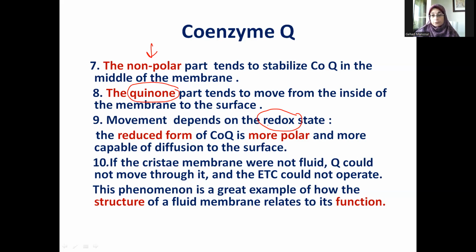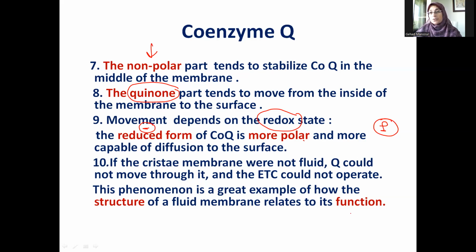So the reduced form of coenzyme Q, when it gains electrons, will become more polar, and, as I told you at the beginning of the presentation, it will become attracted to the phosphate heads and move more towards the phosphate head.